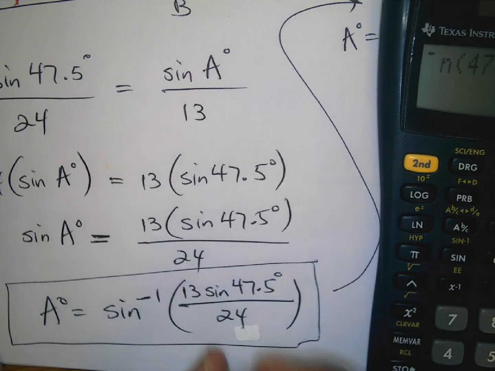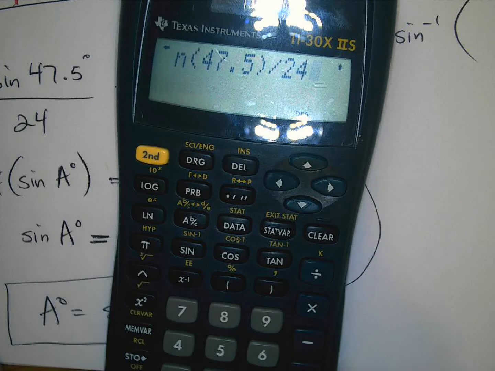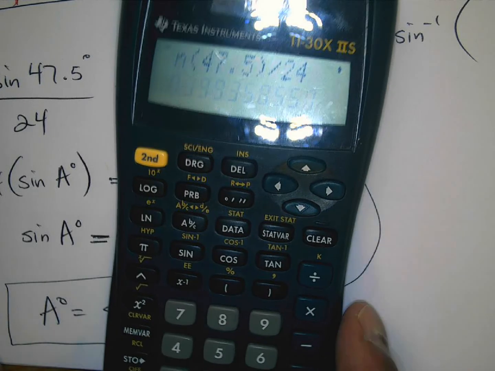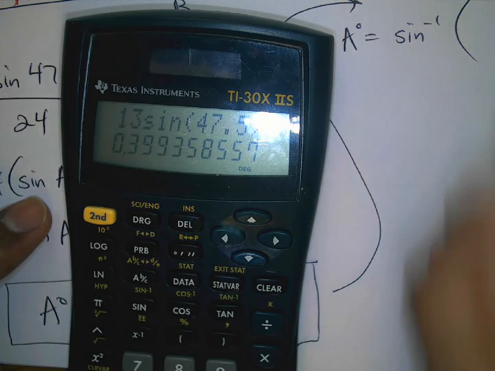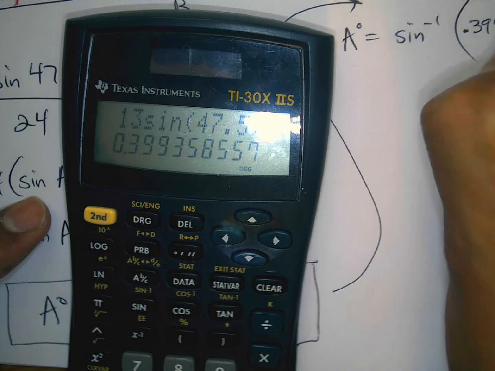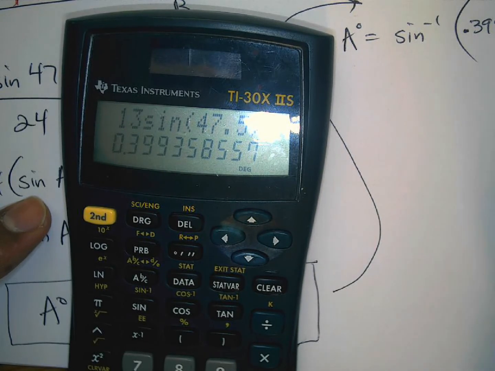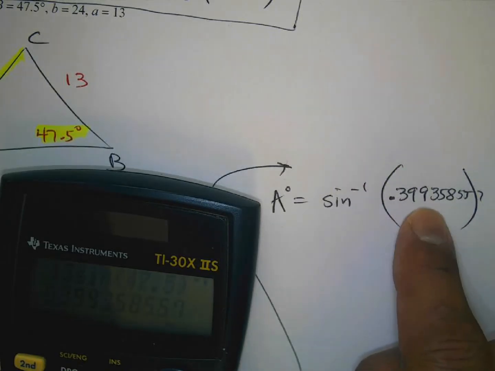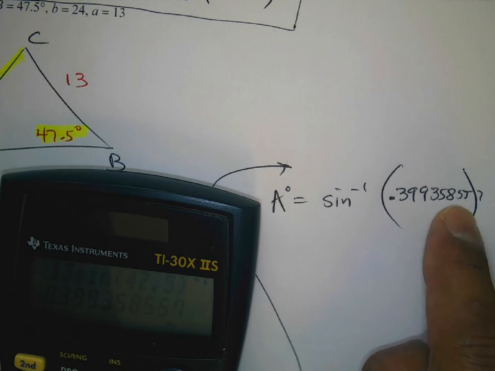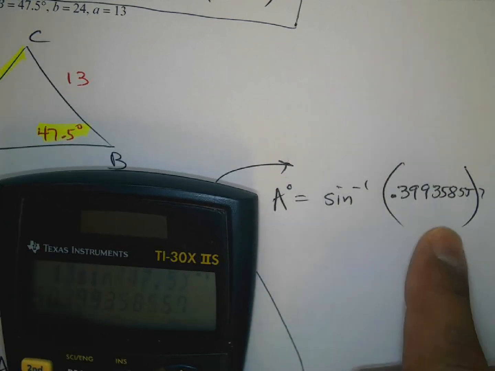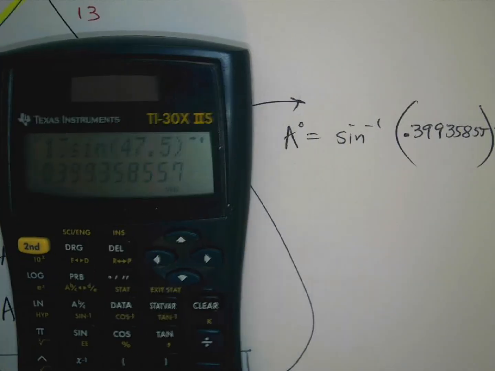You're going to have to get the top decimal, the bottom number divided, and then eventually get this number, 0.399,358,557. Then I have to take the sine inverse of that.